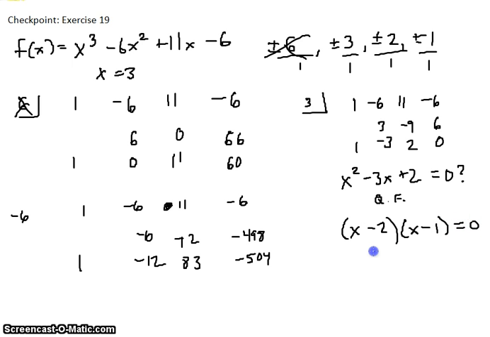So there's my other two zeros, where this is equal to 0, which is 2, where this is equal to 0, which is 1. So I have my 3 zeros. So it's at 3, 2, and 1 are my 3 zeros.